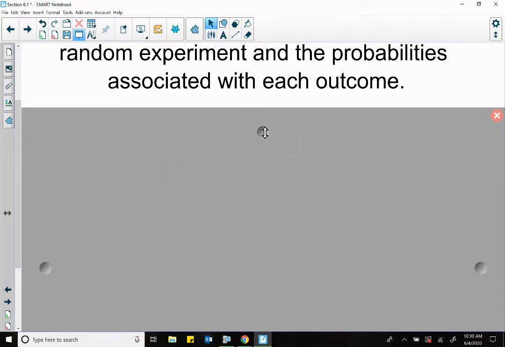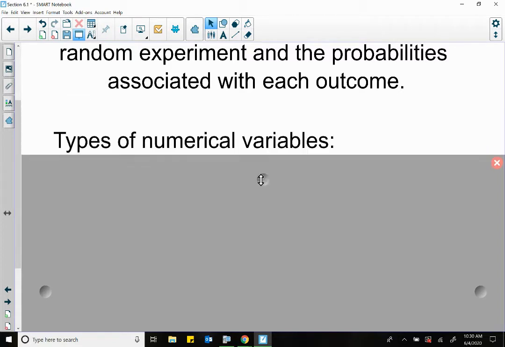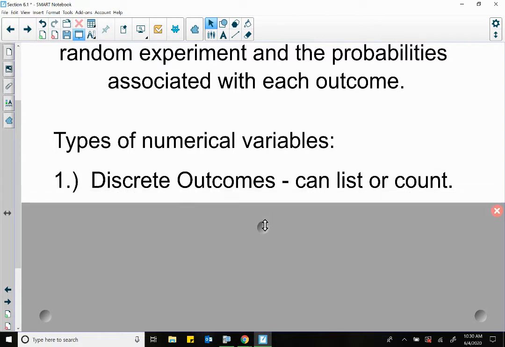What I gave you was an example of one type, but there are two types of probability distributions, and they're going to be numerical variables for us. Okay, numerical variables generally when we deal with the probability distributions, and those two types of numerical variables are going to be discrete outcomes, meaning that we can list them or count them.